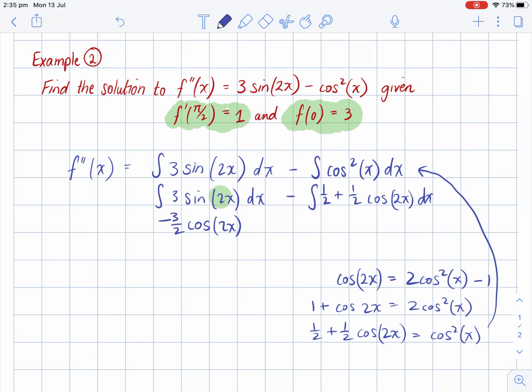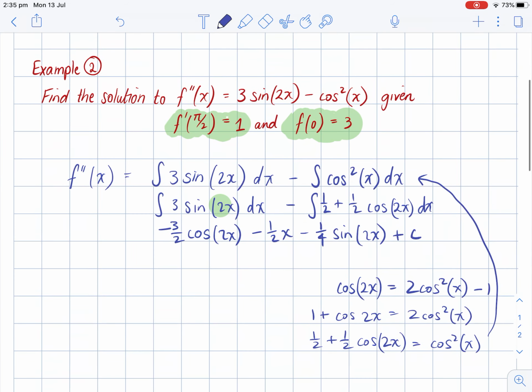Okay, so that's the first part. If I anti-differentiate negative a half, I get negative a half x. And if I anti-differentiate negative a half cos 2x, that would be equal to negative a quarter sine 2x. And I need my constant of integration plus c.